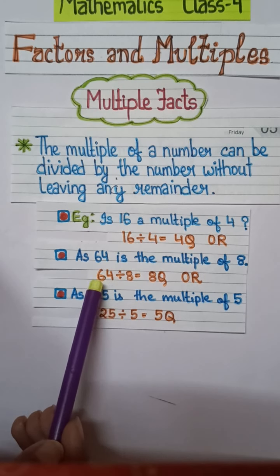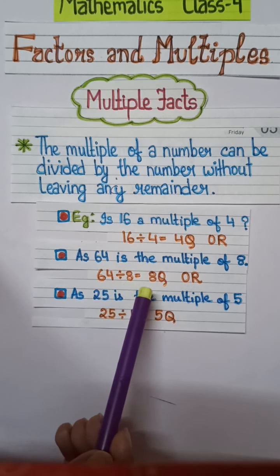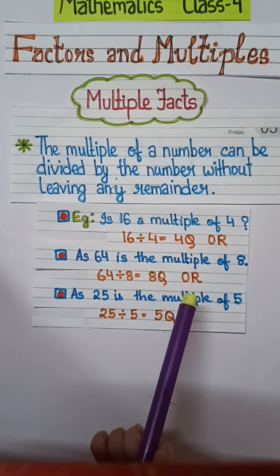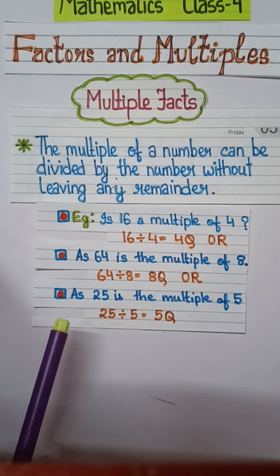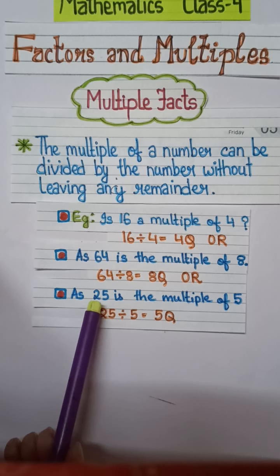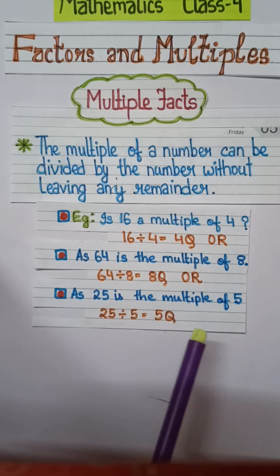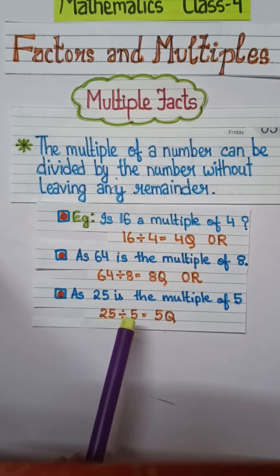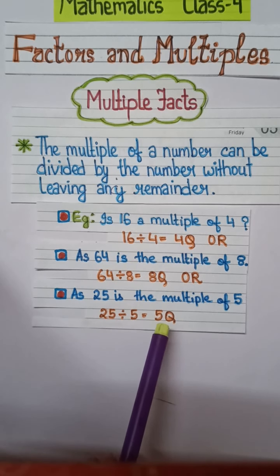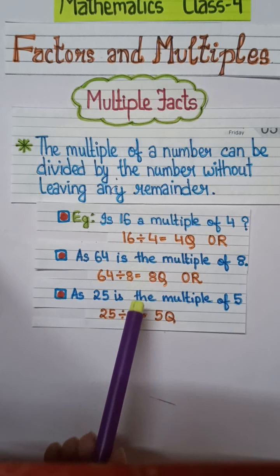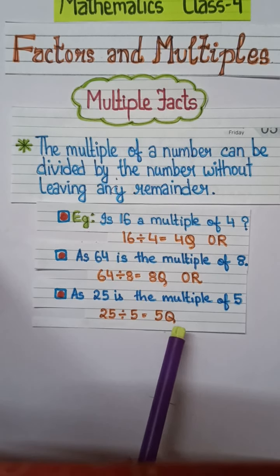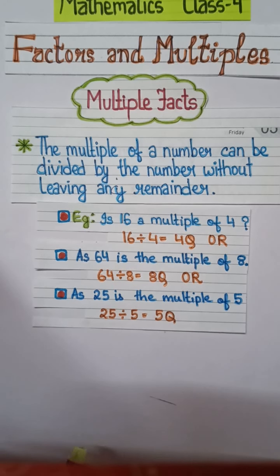We divide 64 by 8 and get the quotient 8 and 0 remainder. Similarly, 25 is a multiple of 5. We divide 25 by 5 and get the quotient 5. All of these numbers get divided without leaving any remainder. So these numbers are multiples of the number.